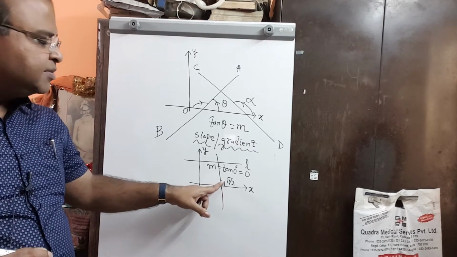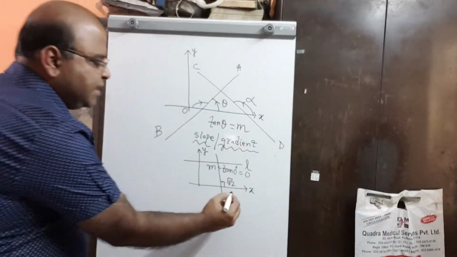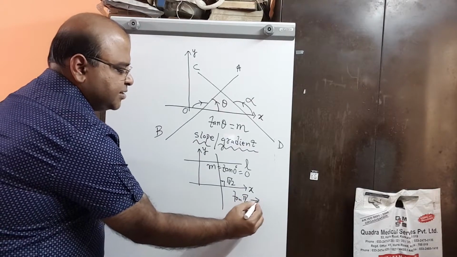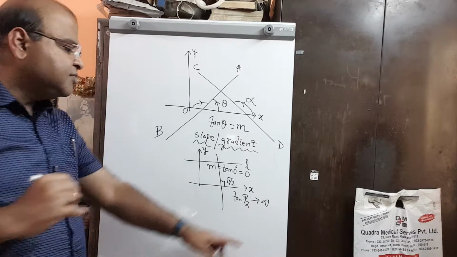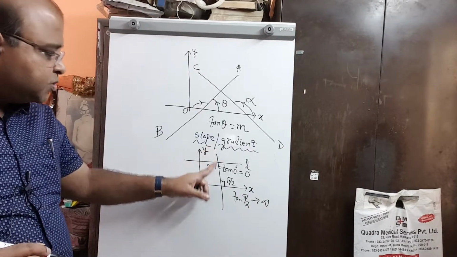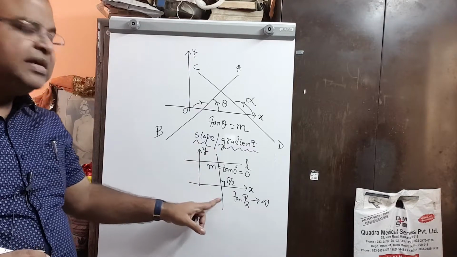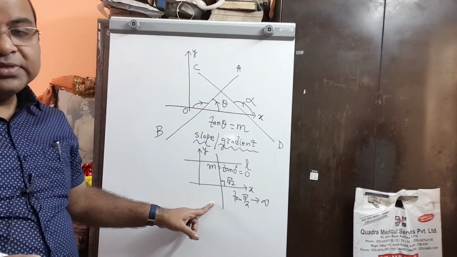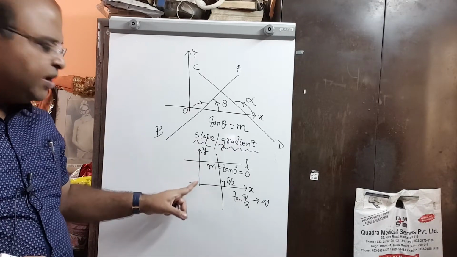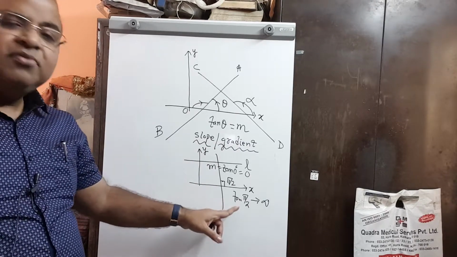So here theta becomes pi by 2. Tan pi by 2, we know, is undefined. We can say this tends to infinity, or it is undefined basically. So the slope of lines parallel to the y-axis becomes undefined. That means if we have a line which is parallel to the y-axis, its slope cannot be found.